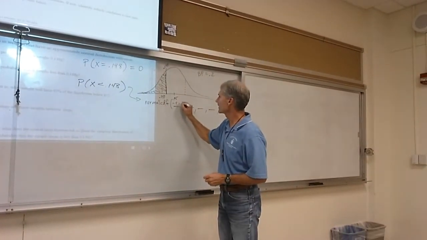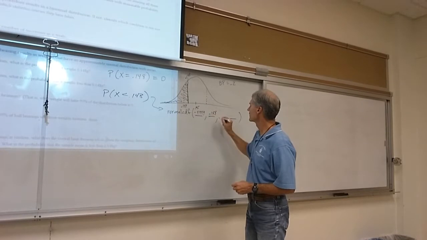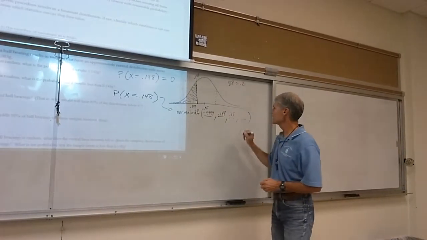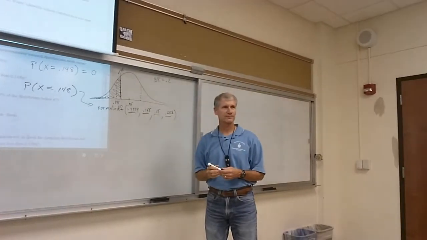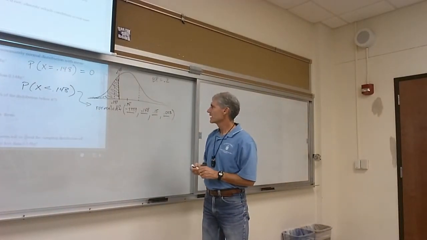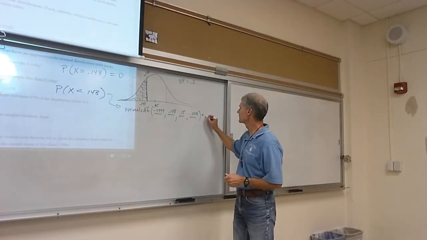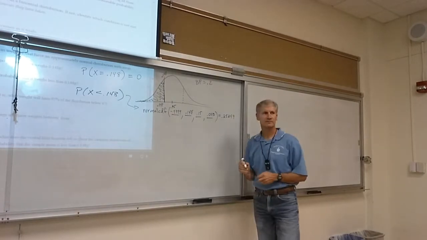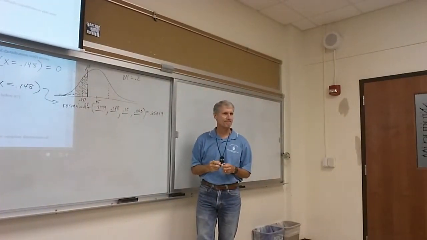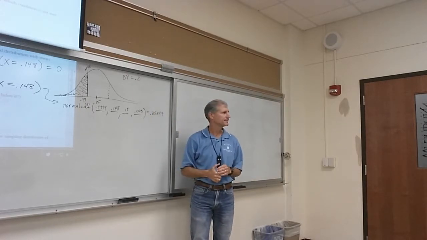Okay, negative infinity, 0.148, 0.15 is the mean, 0.003 is the standard deviation. Okay? And then what does that give me as an answer? 0.25249. Okay? Is that close enough to our ballpark estimate to think, yeah, that's probably about right?